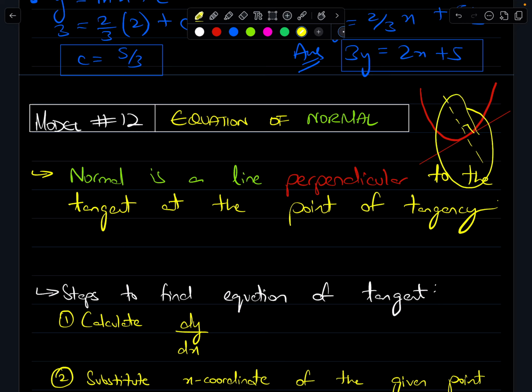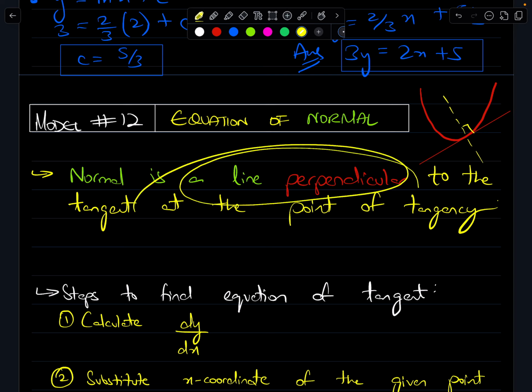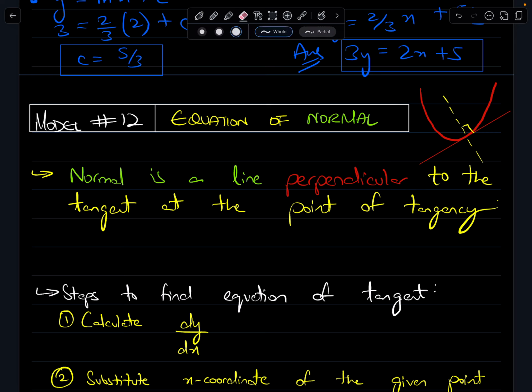This yellow dotted line is the normal because it intersects at the point of tangency. This would technically be a normal, but this is not which we would consider. So for this chapter, a normal is a perpendicular line to the curve at the point of tangency.